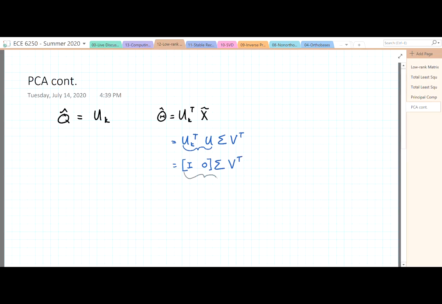And so this is going to pick off the first k singular values, and the others are going to be 0.